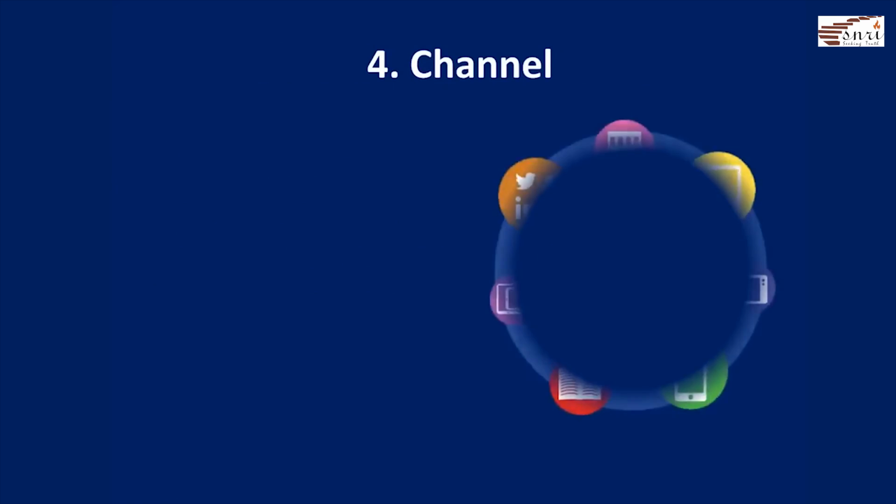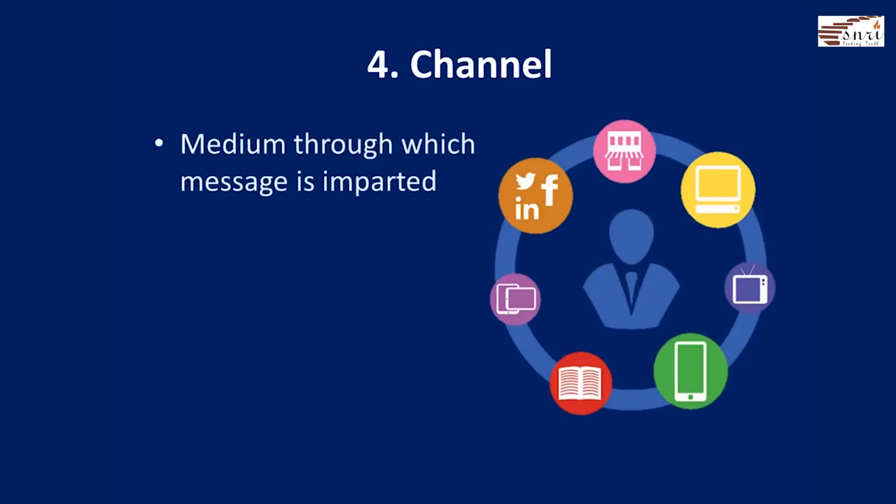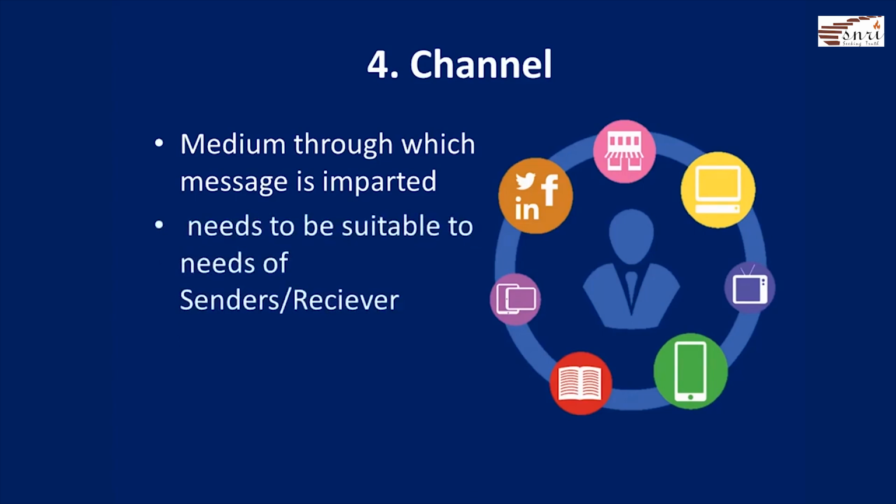Next is the channel. Now, channel basically refers to the means, medium, manner, or method through which the message is passed by the sender to the receiver. It is said that the channel needs to be suitable to the needs of the sender or receiver. Depending on the receiver, the sender will use a particular type of medium to send the message. Let's take an example. Suppose the receiver is a person who is not well versed in technology.